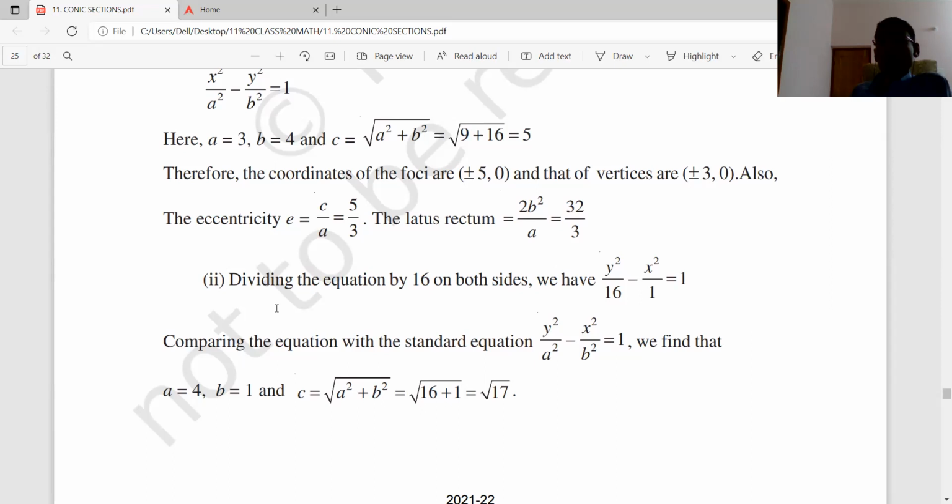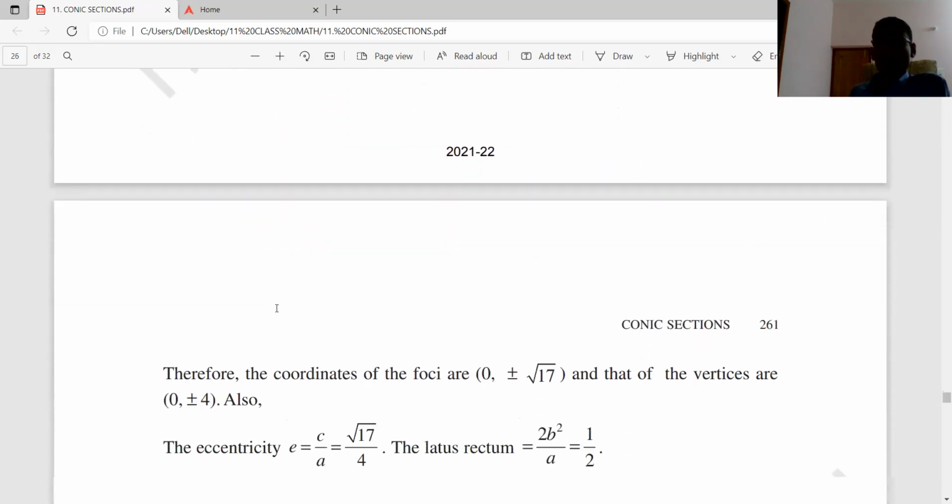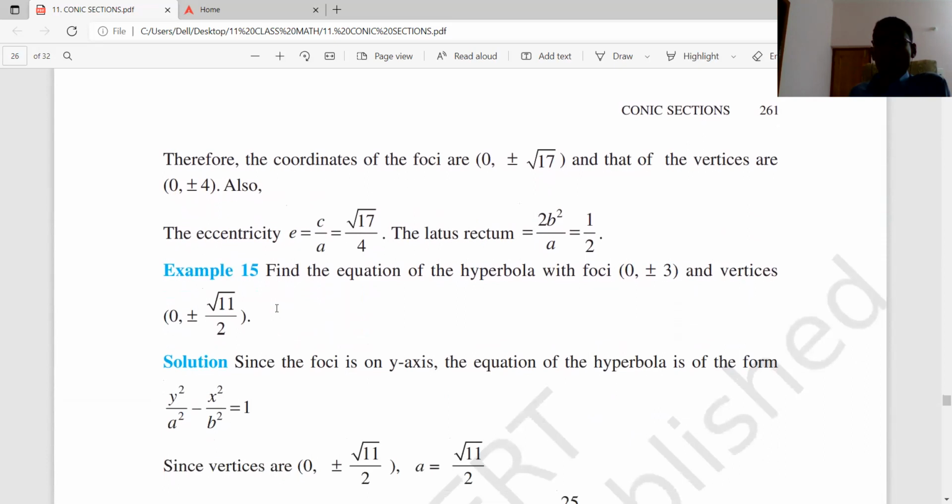That means what this is? Transverse axis is along the y axis. Yes, comparing the equation and then A, B, C, then everything else, eccentricity, that is everything you know.